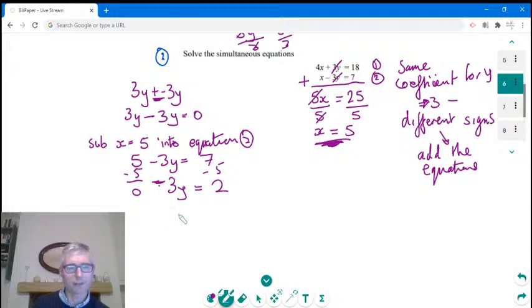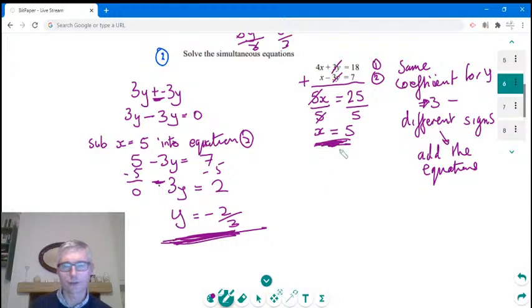I'm now going to divide through by the minus 3, and I'm going to end up with y equals minus 2/3. So that's that one done. We've got our two values: x equals 5 and y equals minus 2/3.